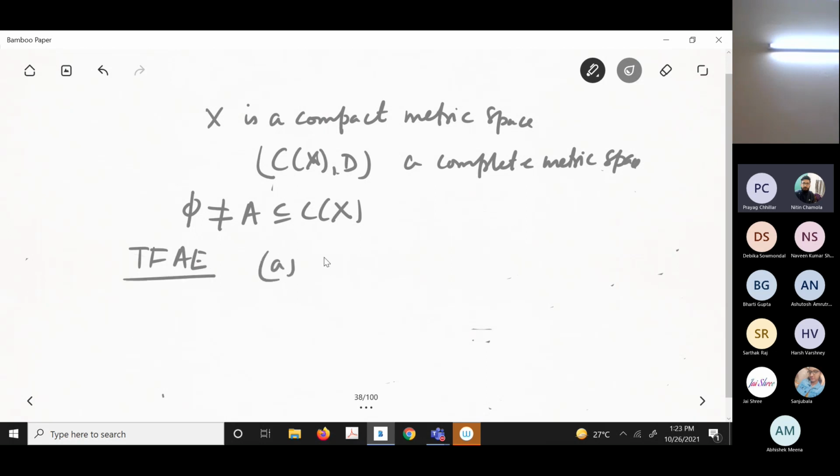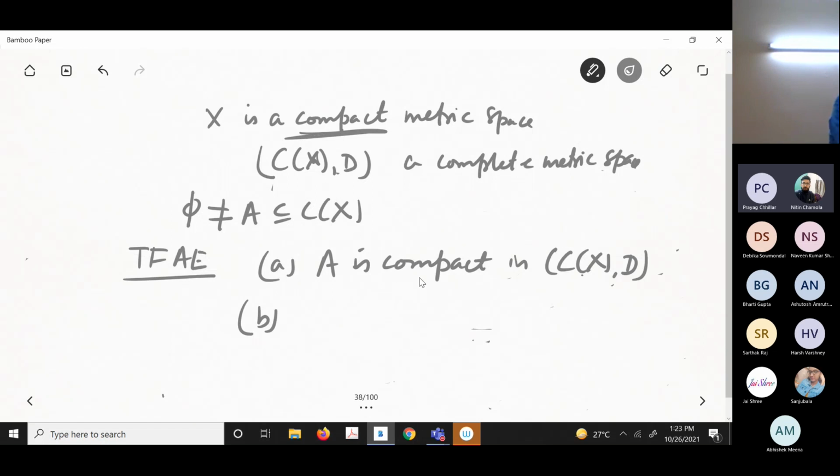A is compact in C(X). Look, here C(X) is the same as Cb(X) because I am taking this. Okay, B: A is compact. In any metric space it has to be closed and bounded.